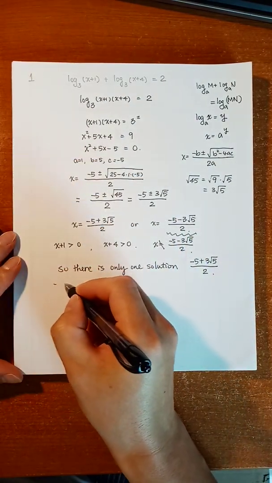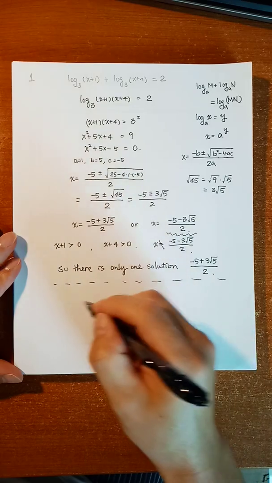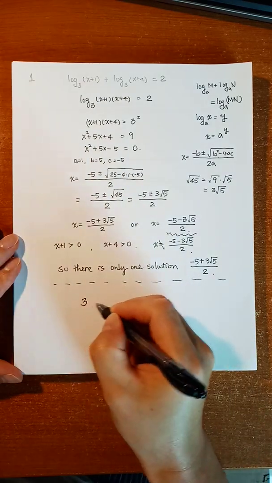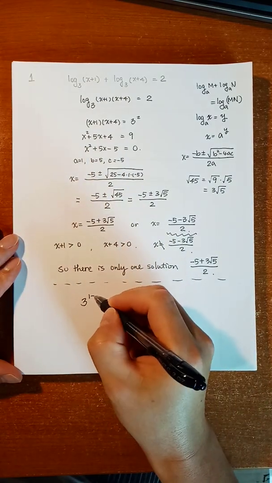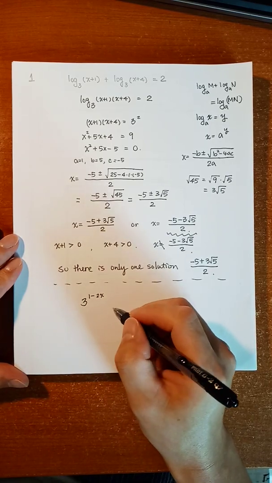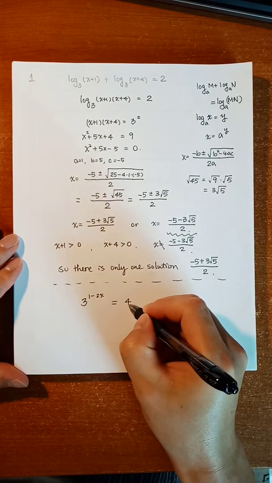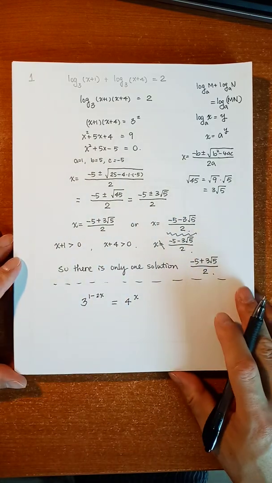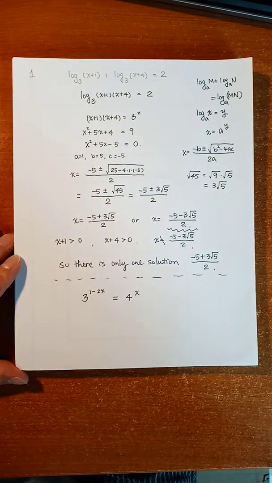And second one, we have 3 to the power of 1 minus 2x is equal to 4 to the x. We'll solve for x.